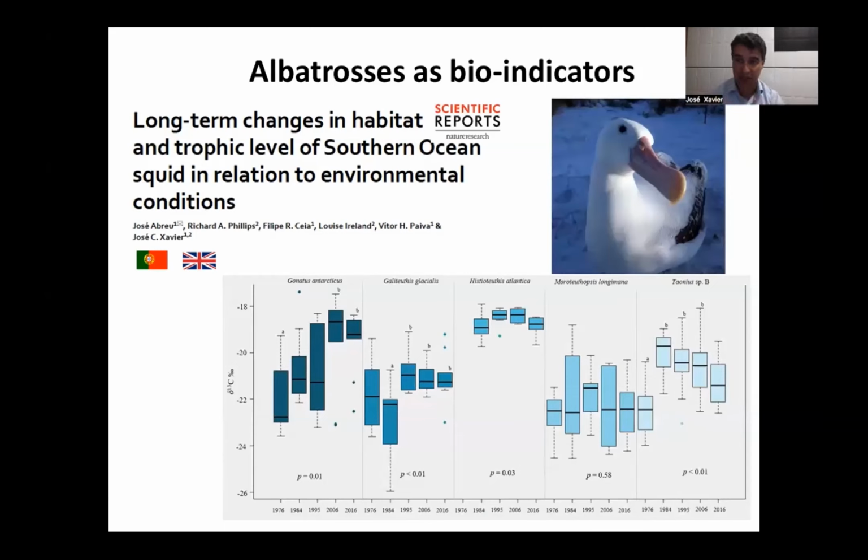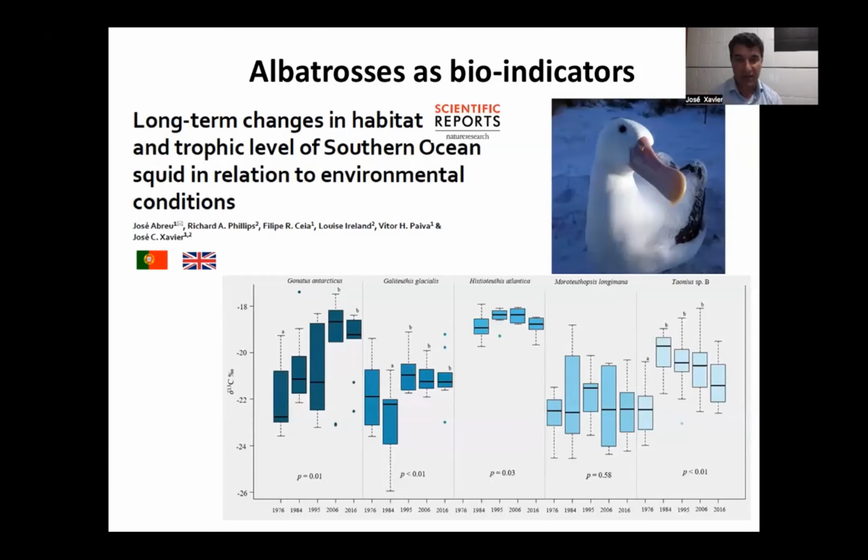So they change their adaptation to changes in temperature. So they're able to do it, but their trophic level didn't change. So they do change their habitat preferences, but in terms of their diets, they didn't change. So they are able to adapt.